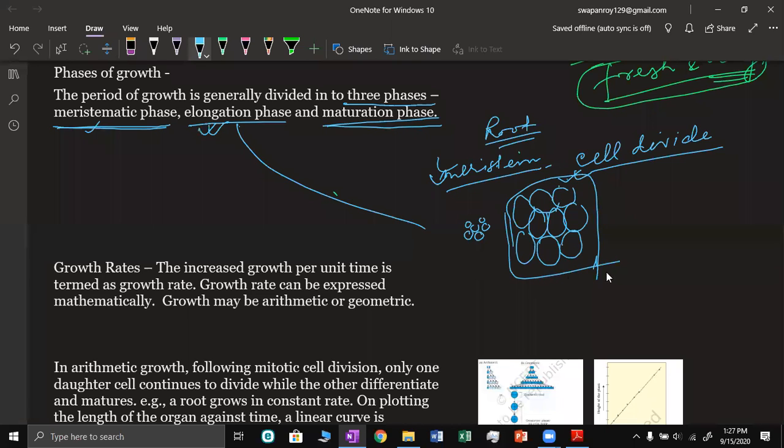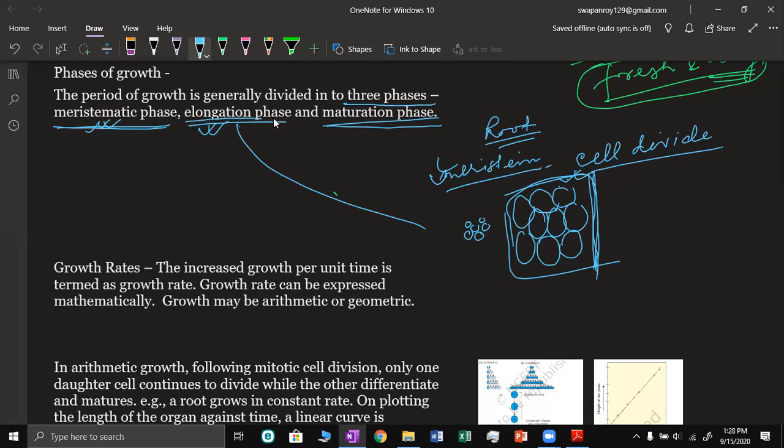In the different regions of the root, there is a meristematic zone, the meristematic phase, and after that the zone of elongation.